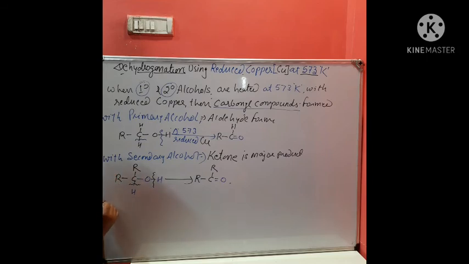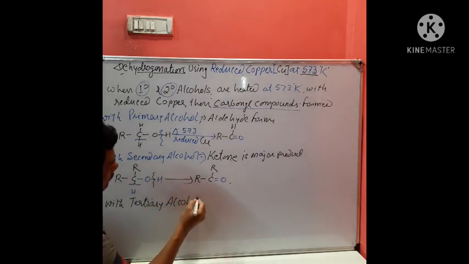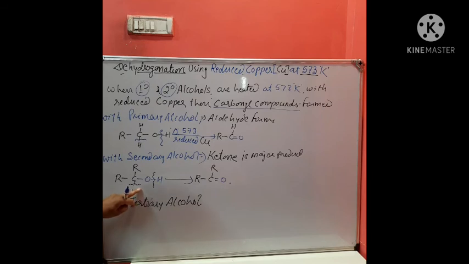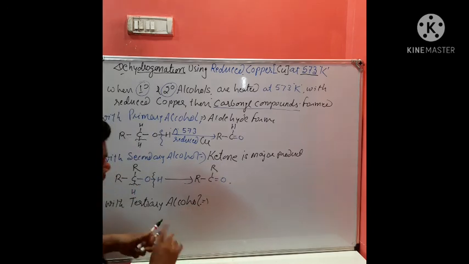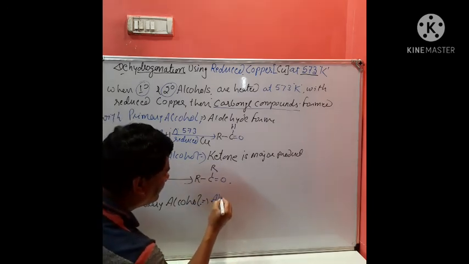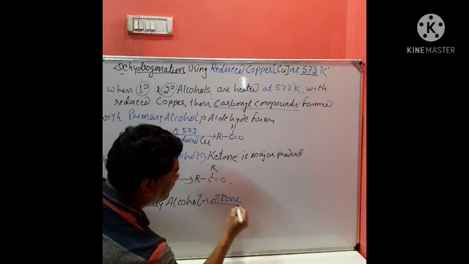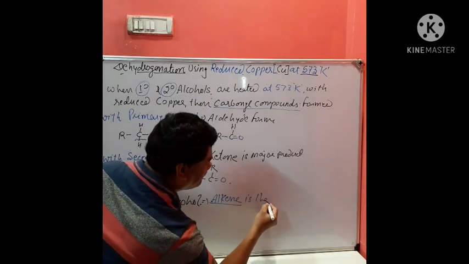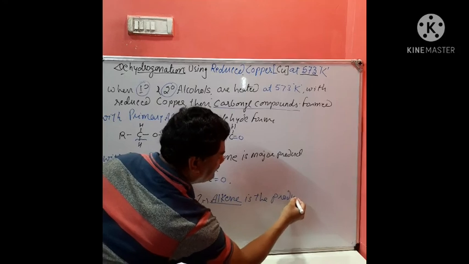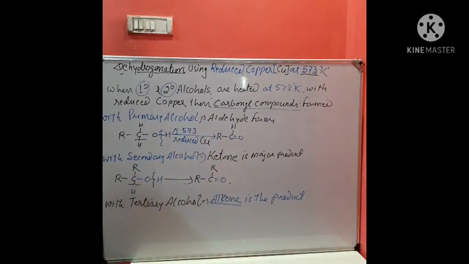But when with tertiary alcohol, now there is no hydrogen, there will be again CH3, that is an alkyl group. So now the hydrogen from the alkyl radical will be released. That means alkene is the product in the same reaction condition.